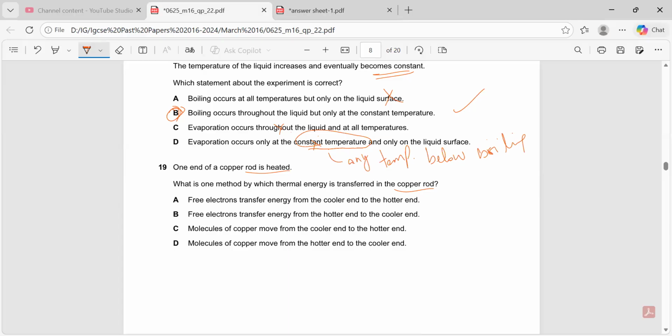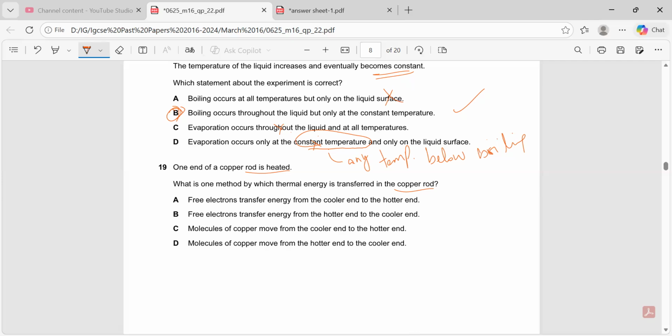But even if you wash some shirt or something like this and put it outside or into a room where the temperature is even less than this, after 1 hour, 2 hours, maybe the time taken will be more, but the water from the cloth or your shirt will evaporate. We cannot say it will be boiled. For boiling, there should be constant temperature. For evaporation, no constant temperature, any temperature below boiling. Is that okay?